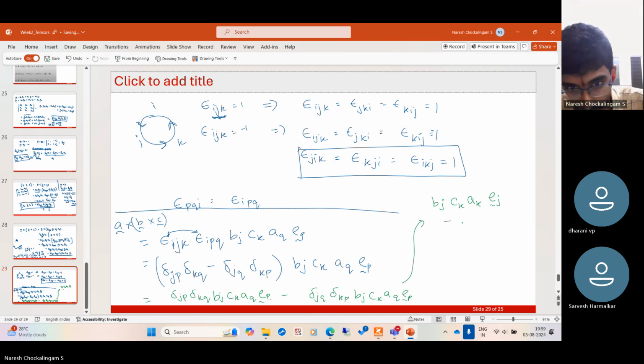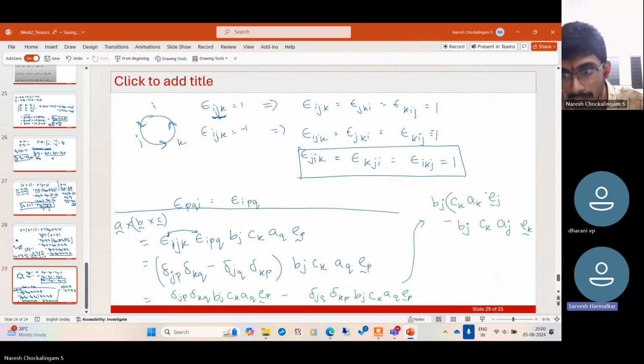Minus, what is the other value? Here q will be replaced by j, and p will be replaced by k. Minus b_j, c_k, a_j, and e_k. Right?